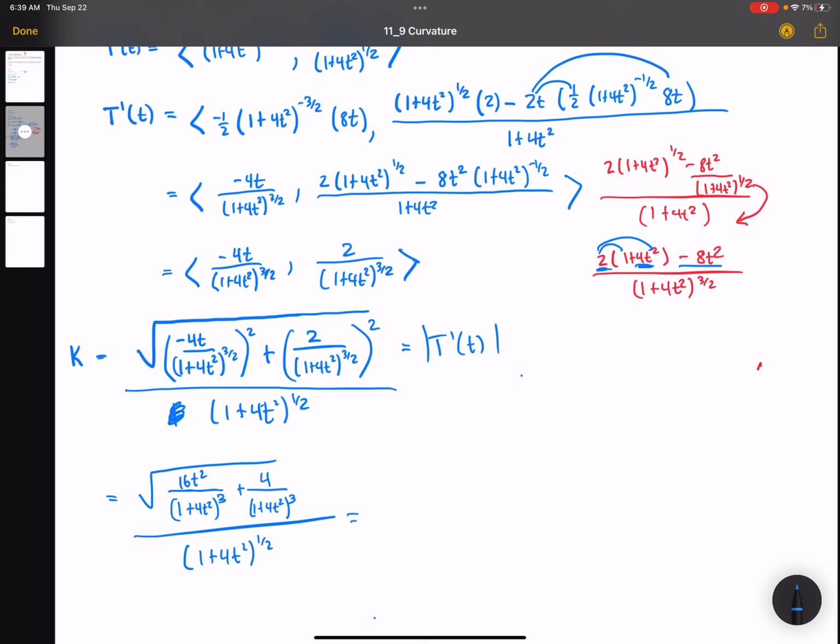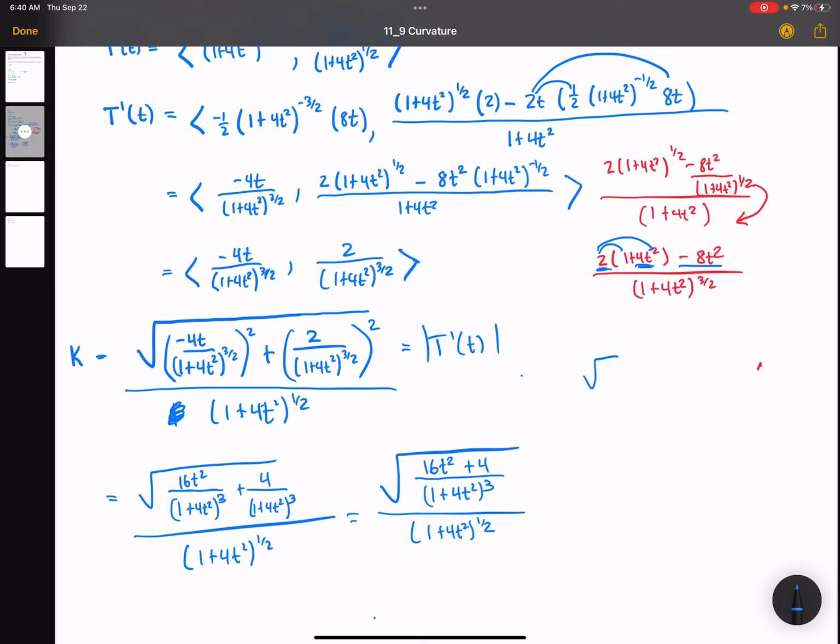If you go one step further, we would get the square root of 16t squared plus 4. We could factor 4 out. And all of that is divided by (1 plus 4t squared) cubed, and all of that is divided by (1 plus 4t squared) to the 1/2.